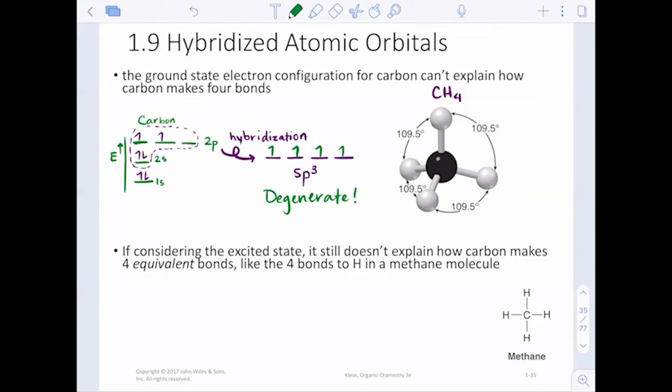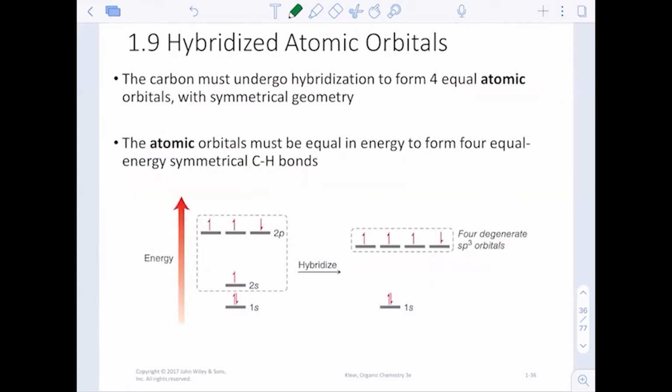Now, carbon must undergo that hybridization to make 4 bonds, to be symmetrical in its geometry, that tetrahedral. And so this is a diagram where we can start to think about those 4 electrons reorganizing themselves into 4 distinct degenerate orbitals.